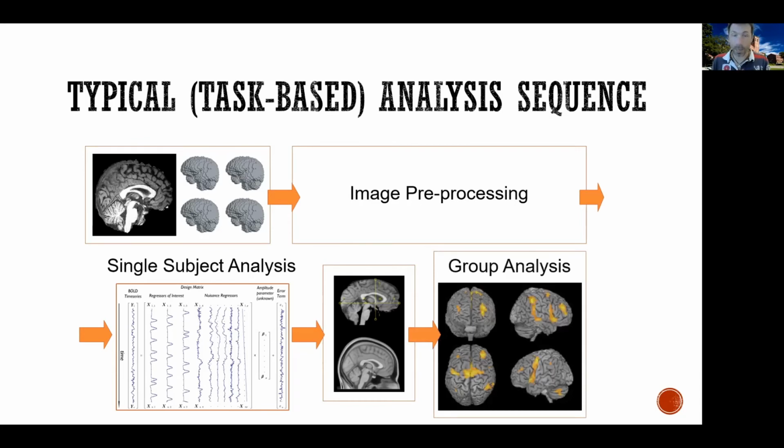So we take the results from, let's say, 20 individuals, and we put them all together and do a group analysis. And what you're seeing here is a typical portrayal of a group analysis. So the areas that you're seeing here in colors are parts of the brain that are systematically active whenever the participants as a group engaged in some mental activity that was being tested.